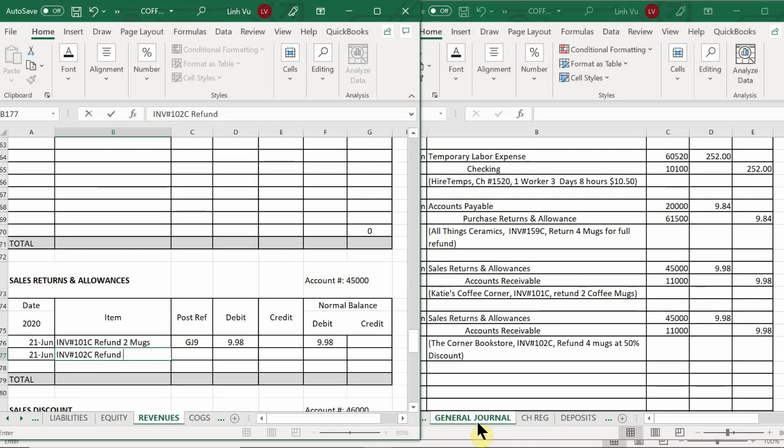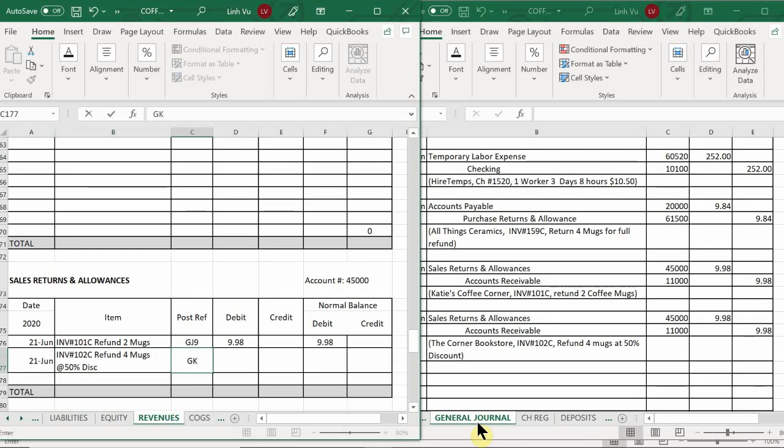Discount refund, discount 50% for mugs. We're still on general journal number 9. Yep. And we're discounting it for $9.98. So therefore, what's my total sales returns and allowance? It's 19.96. Sorry. Good.